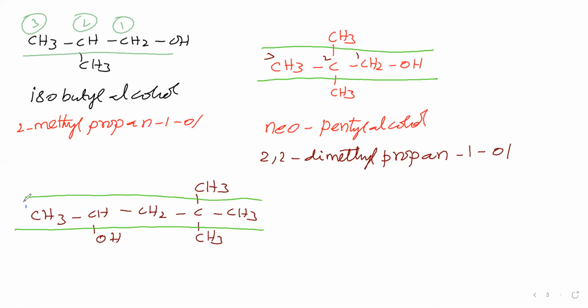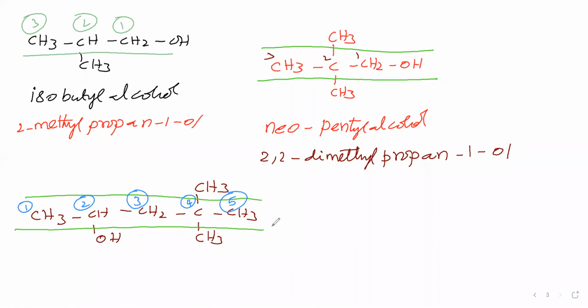We start numbering from the left extreme because alcohol is a functional group, and that should get the least position. Therefore, numbering we have to start from the left extreme only, not from the right extreme.